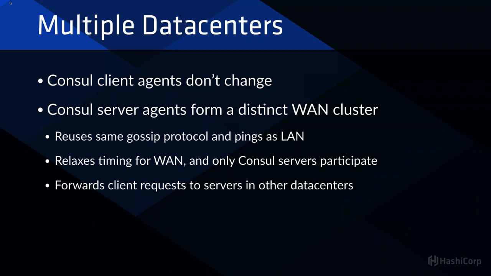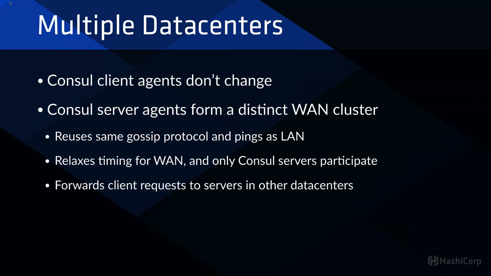So this behaves just like the gossip and ping protocol does within the data center, except that the timing is relaxed because it's expected that these are over long, high latency links with potentially a little bit more packet loss. And the pool of servers is a different pool than the pool that exists within each data center.